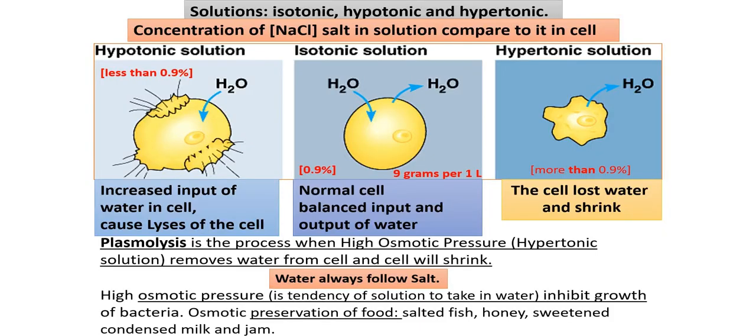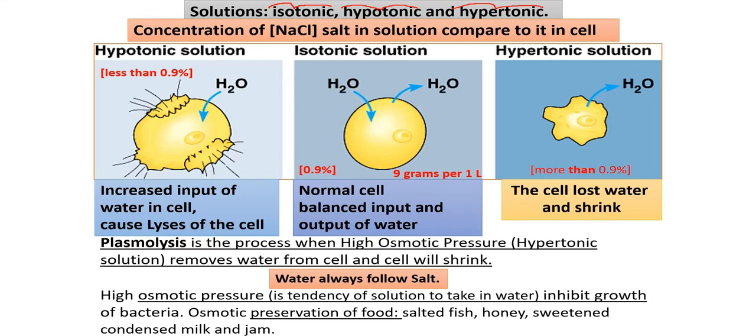Next, we will talk about different types of solutions. It could be isotonic, hypotonic, or hypertonic. Iso means the same, tonic. Hypo, low, tonic. Hypertonic, high, tonic.